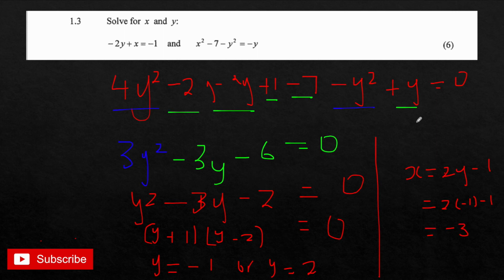And then when I put the second y, which is 2 here, so x will be negative 3 and x will be 2 multiplied by 2 minus 1, it will give me positive 3.